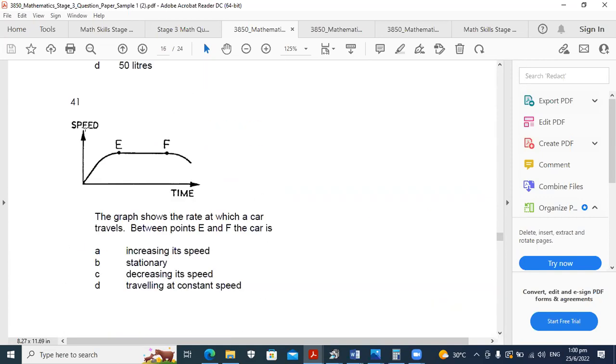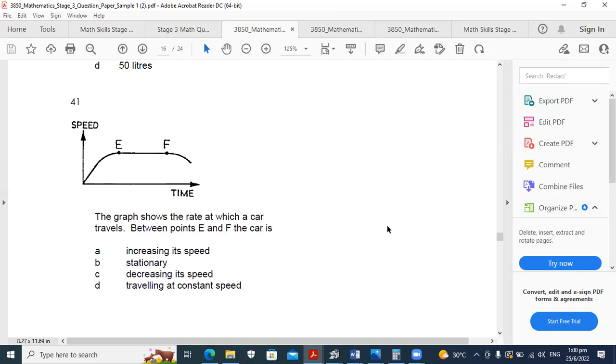But no, this is speed and time. All right. So a speed-time graph is different from a distance-time graph. Sir, D as in dog.